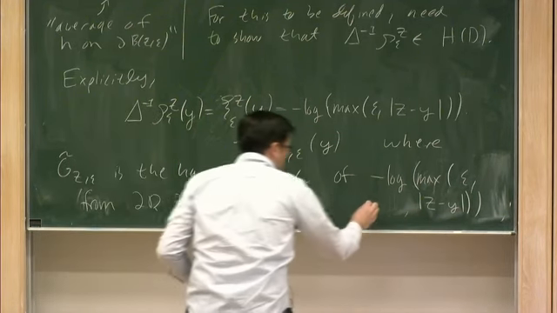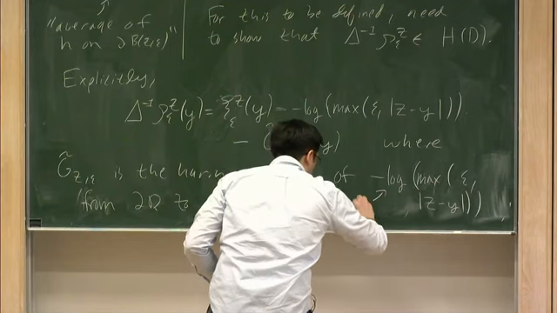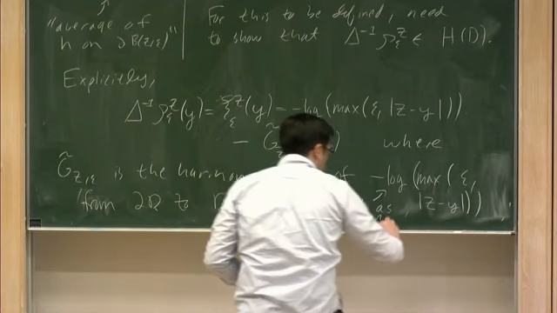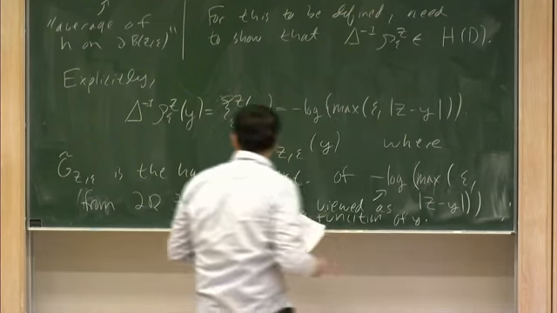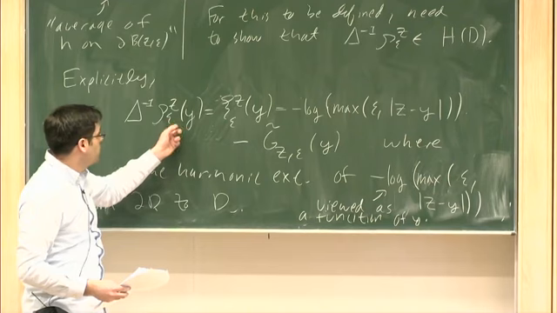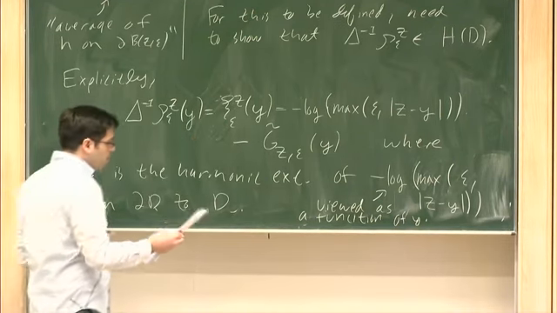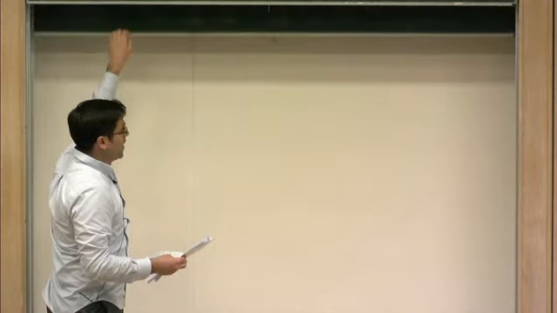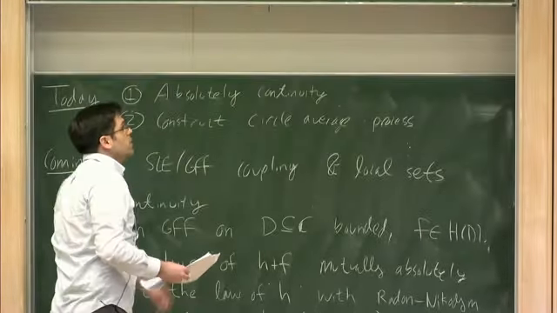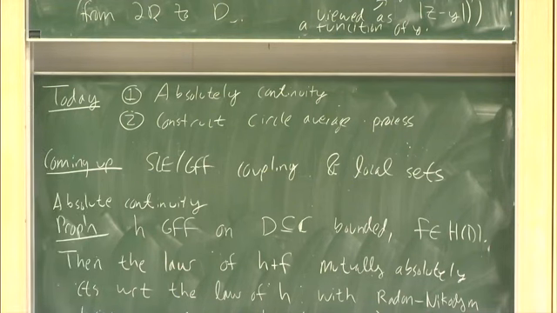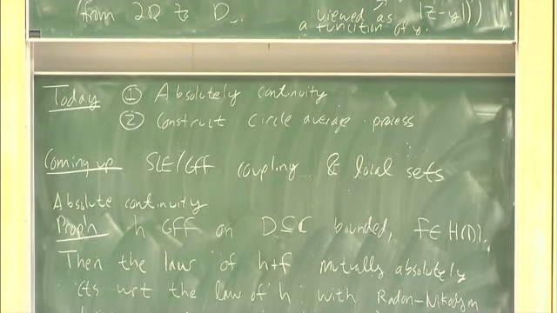And this is viewed as a function of y. So one can check directly, basically a calculus exercise, that the inverse Laplacian of this measure is given by this function. And once you have this explicit form, you can show, with another calculus exercise, that this function lies in h of d, and so it makes sense to write down this definition of the circle average of the Gaussian free field.